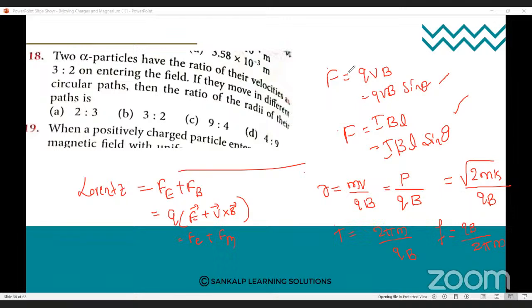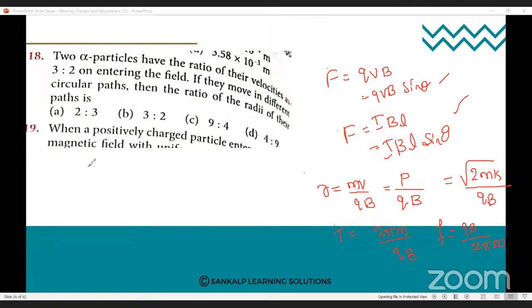Similarly, the kinetic energy in the circular orbit is given by half mv square.